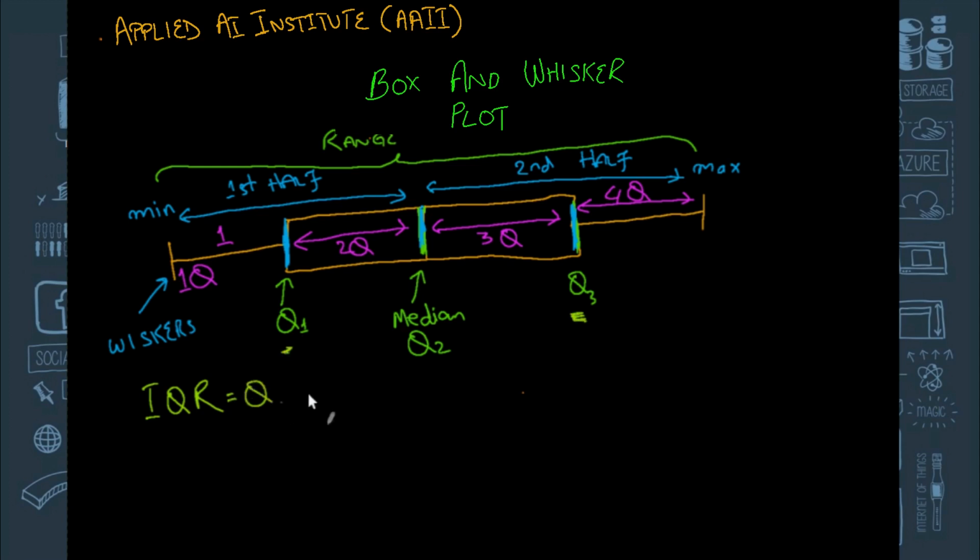This gives us the interquartile range, which is basically the middle of the spread of the data.